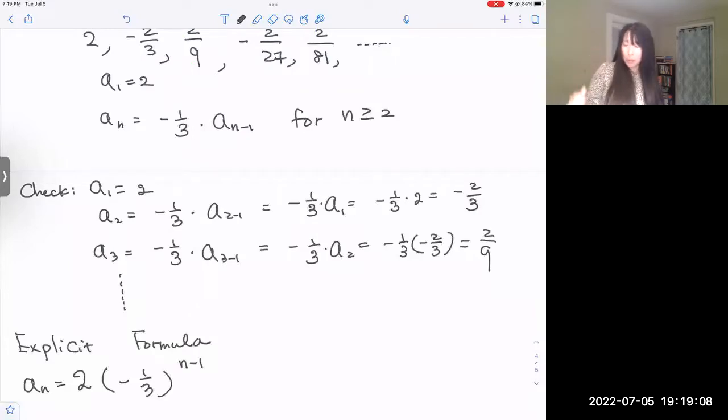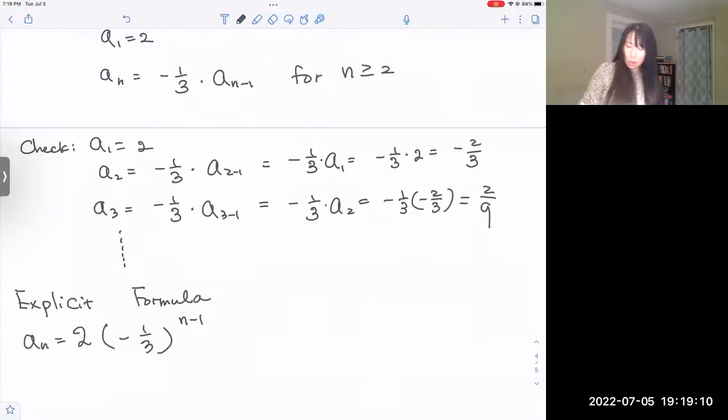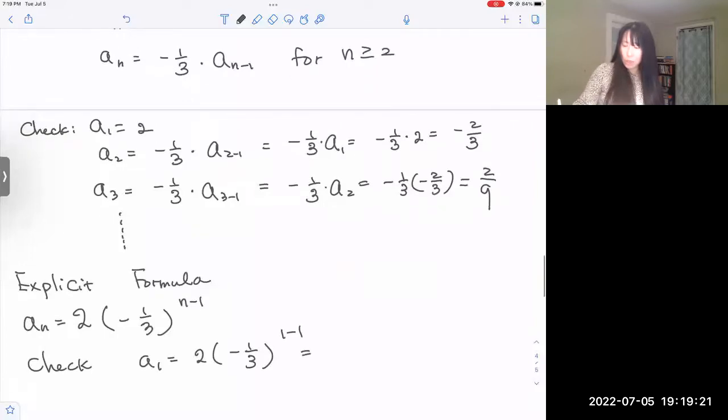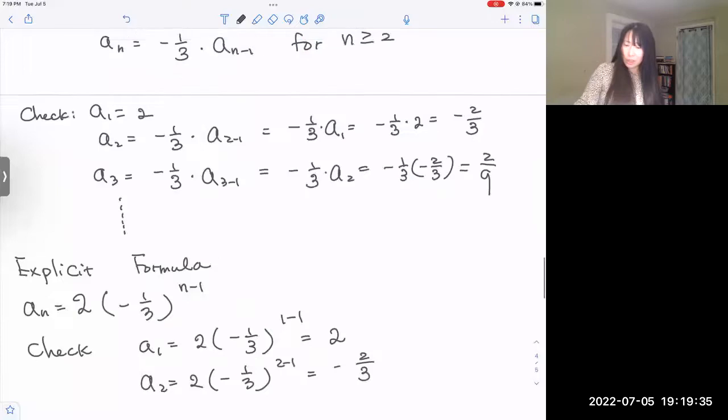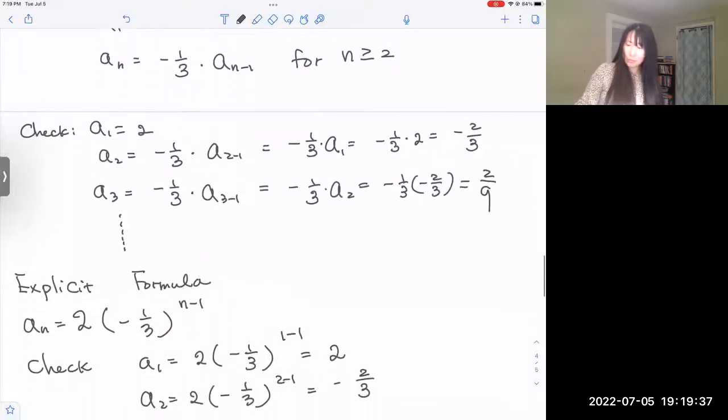So let us practice for this one. Let's check a sub 1, which is 2 times negative 1/3 to the 1 minus 1, which is 0, we get 2, right? A sub 2 is 2 times negative 1/3 to the 2 minus 1, which is negative 2 over 3. We got that? The same thing? Yes?